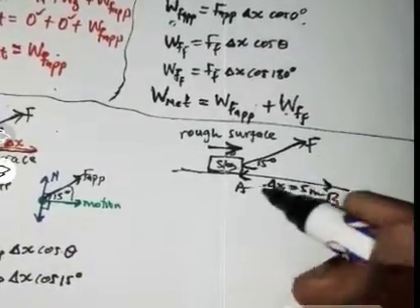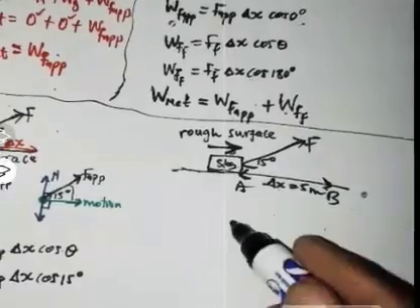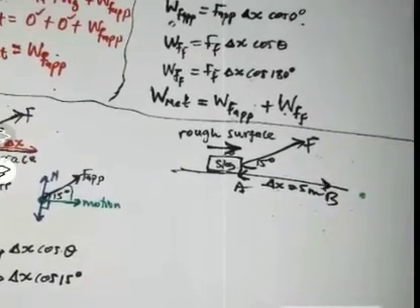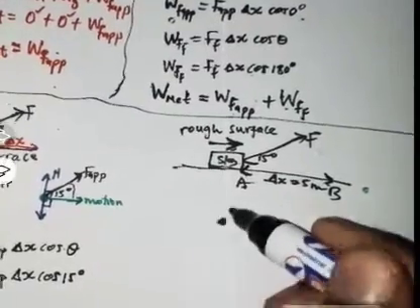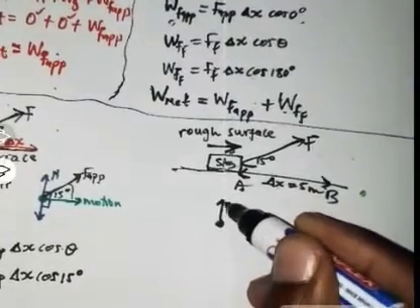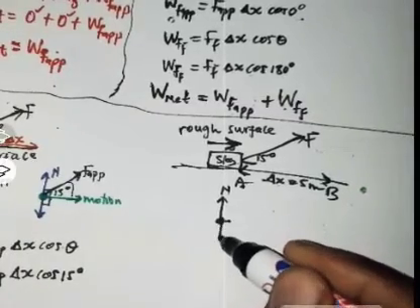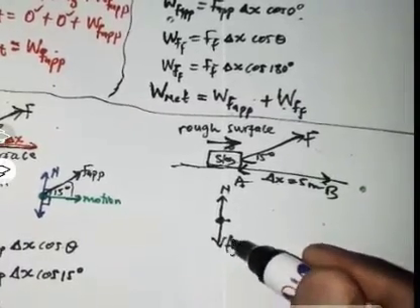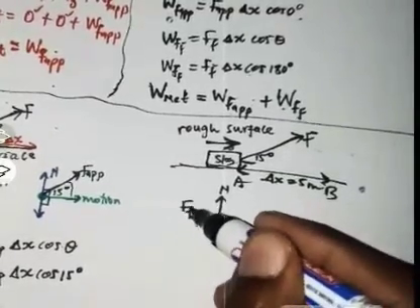So let's draw a free body diagram. Free body diagram: normal force, frictional force. Of course, there will be frictional force, and there is the force applied.